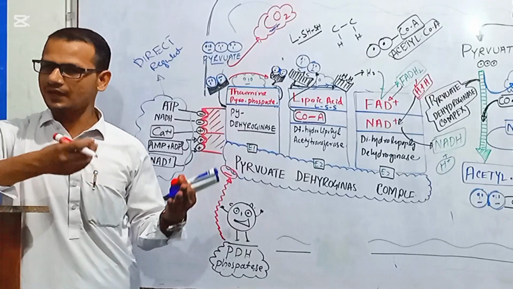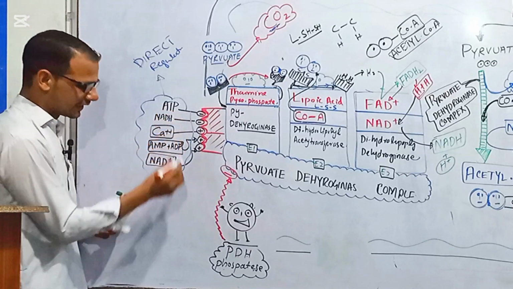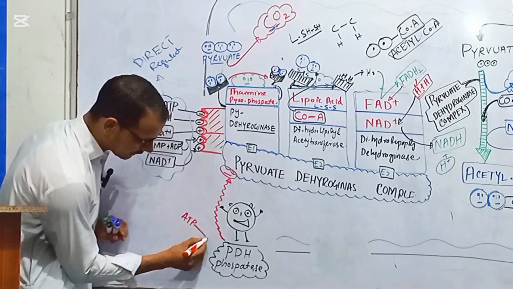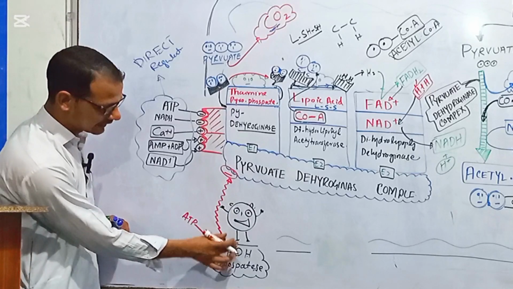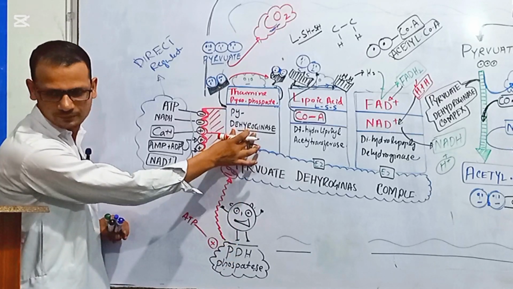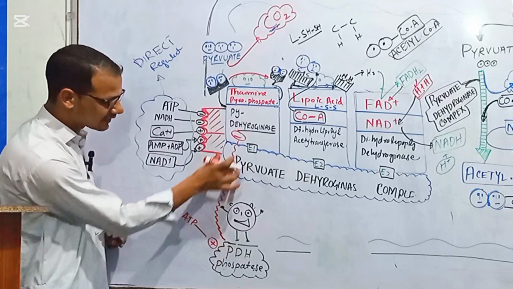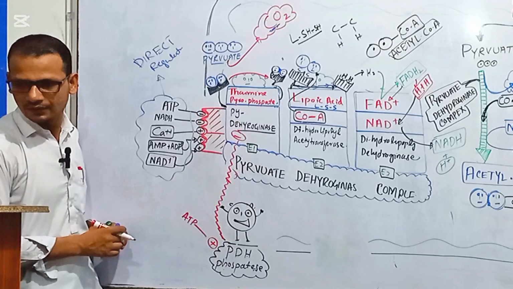Because enzymes are always regulated by other things, right? These are the regulators, but when ATP increases, it will activate this enzyme, and when this enzyme is activated, it will inhibit this enzyme. Are you getting this point?